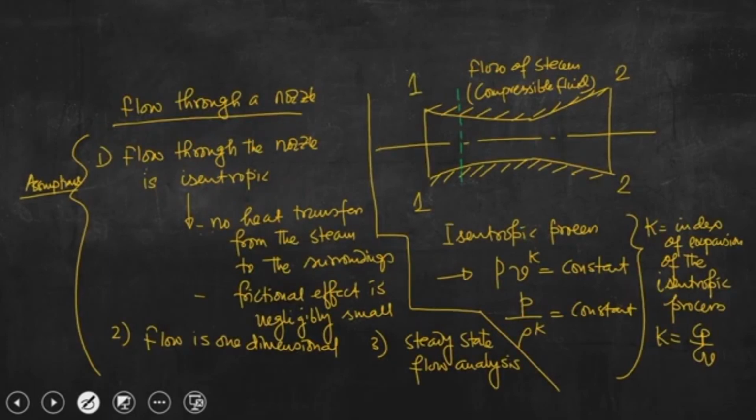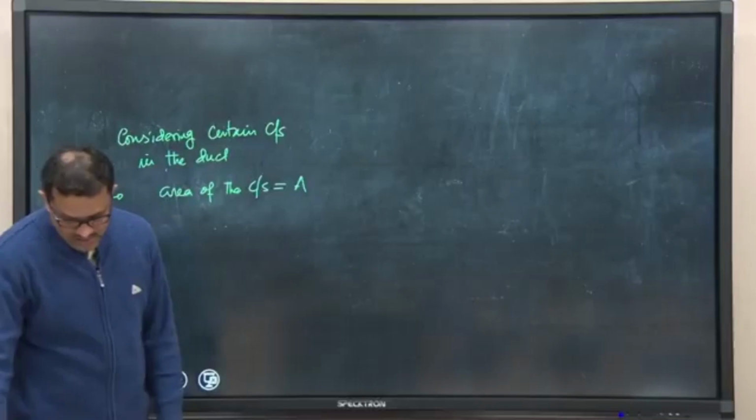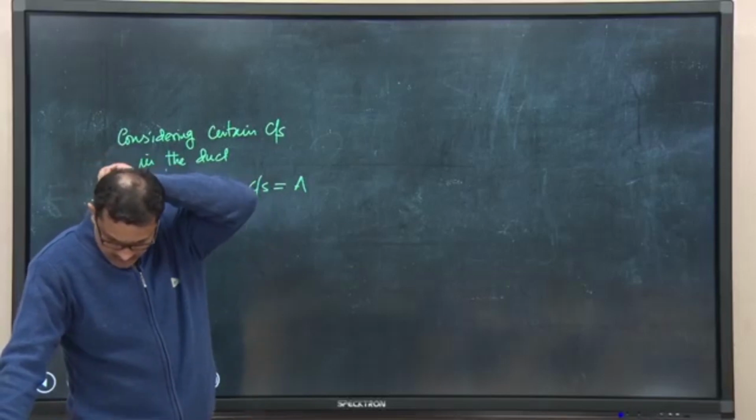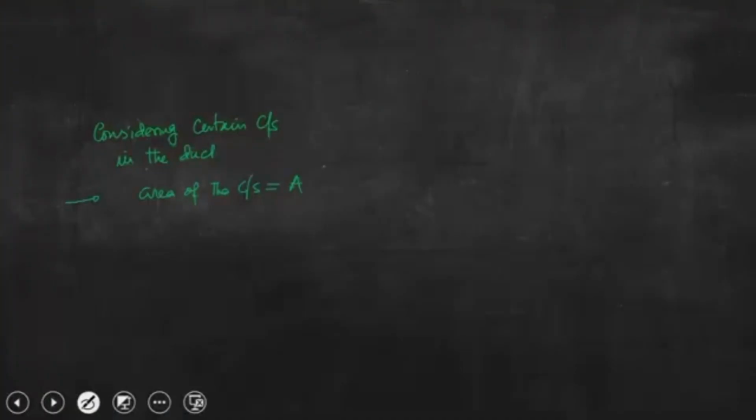Say this is the cross section 1 prime 1 prime, and the area of that cross section is A, which is normal to the flow direction. So, A is the surface area normal to the flow direction.